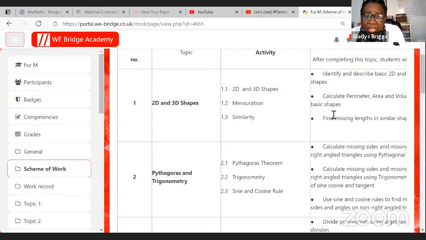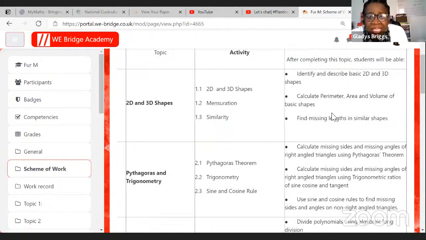On this topic, you're supposed to be able to calculate the perimeter, area and volume of basic shapes, and you're supposed to be able to work with similarity. That's topic 1. So perimeter, area, and volume. And then you probably get 1 similarity question. So let's have a look.